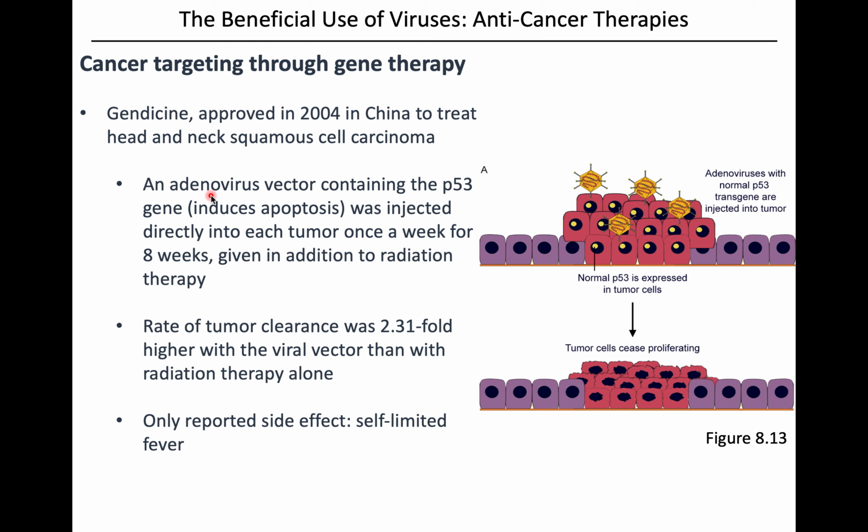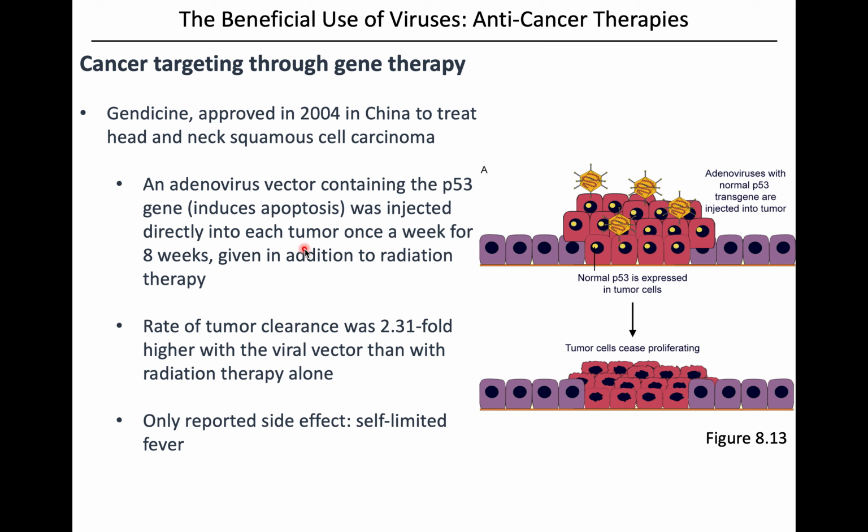This is using an adenovirus vector that had been engineered to contain a gene called p53, which is important for inducing apoptosis. In this case, they were having to inject the virus directly into the tumors to make sure it was getting specifically to those cancer cells. So they were doing an injection once a week for 8 weeks.